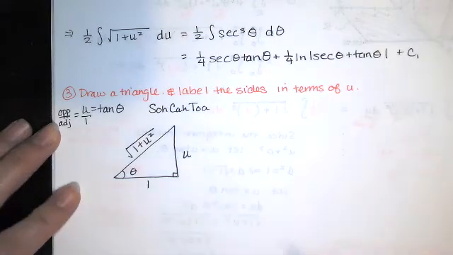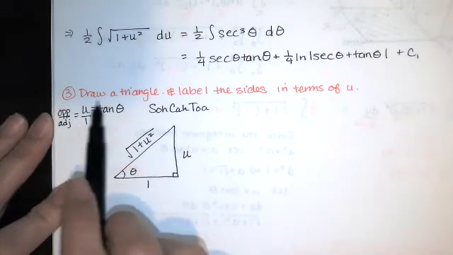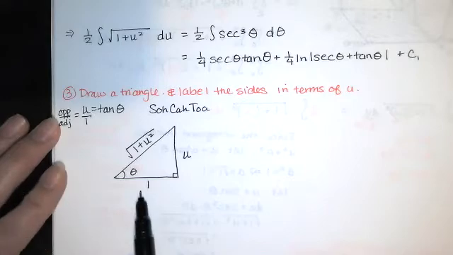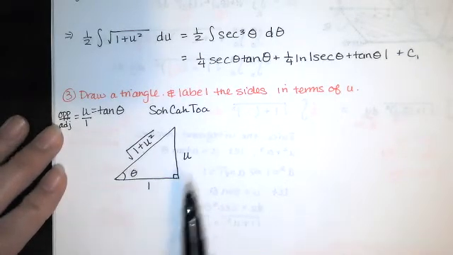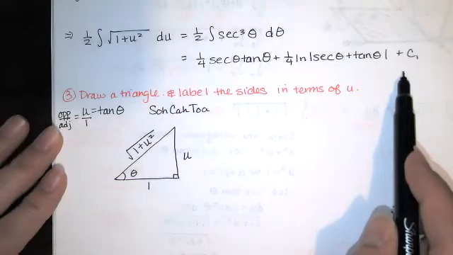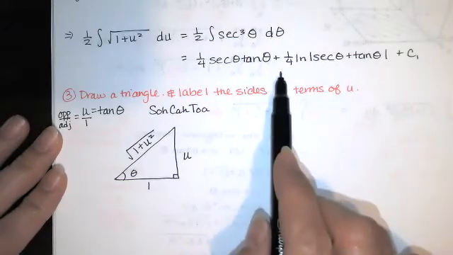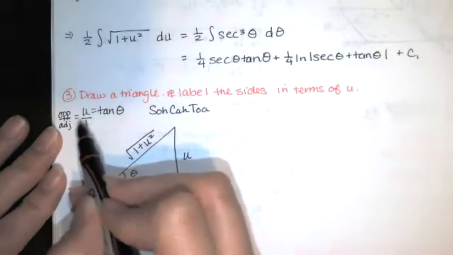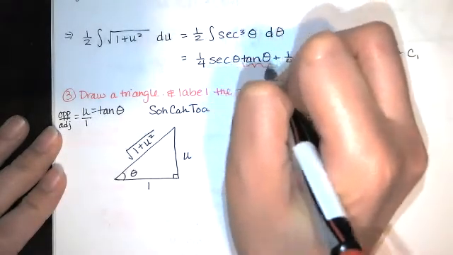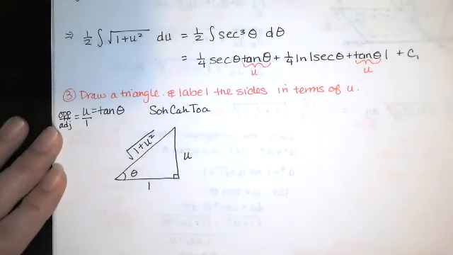Or you can just do this. So we've used this initial substitution to label two sides of the triangle, use the Pythagorean theorem to get that third side, and then you look over here at your answer, and basically what you want is you want every trig function in your answer to be written entirely in terms of u. Now we already know that u is equal to tangent of theta. So every time I see a tangent, I'm just going to replace it with a u. Now I just need to find secant of theta.